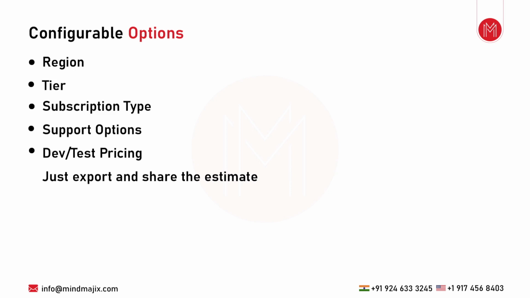Business critical applications are an option as well. It depends on the type of your subscription. If you're using a pay as you go subscription versus an enterprise agreement, various plans have different pricing. You can choose to purchase support, and you can also get development level support or premium level support.